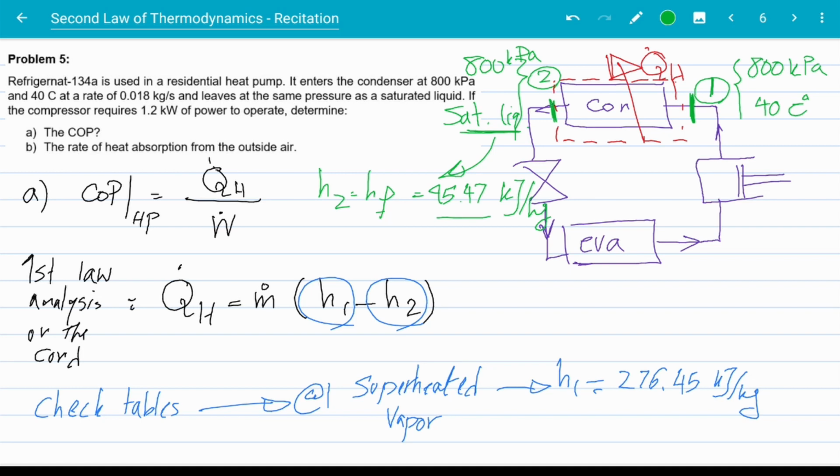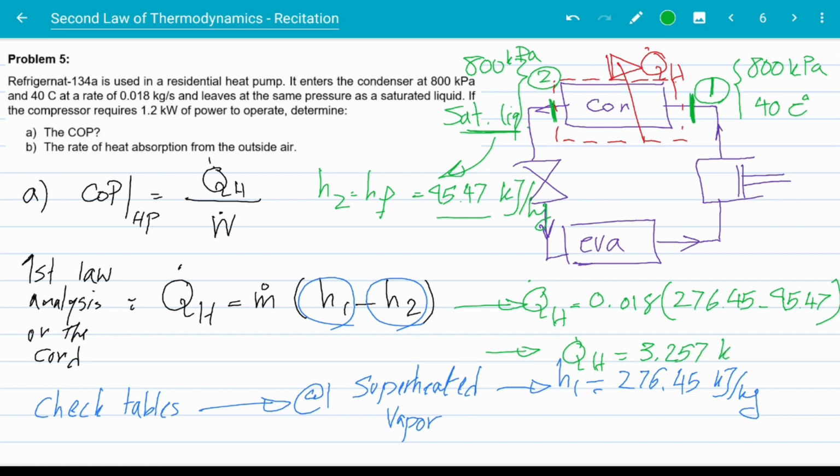Okay, now we can plug everything back here and get Q dot H is m dot, which is given, 0.018 times 276.45 minus 95.47. You do the math, you get that Q dot H is 3.257 kilowatts.